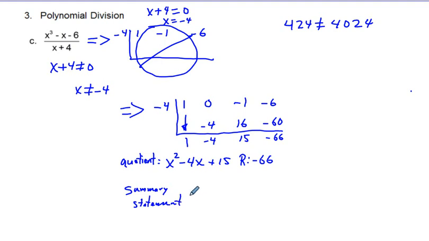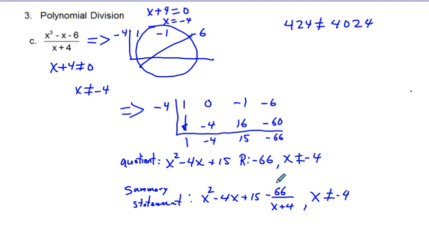And the summary statement would be like this: x squared, very similar, minus 4x plus 15, and we would put minus our remainder over our divisor, and with the condition, comma, x cannot equal negative 4. And we do it for the one above here. I just put this both ways because sometimes you'll see it in different ways.